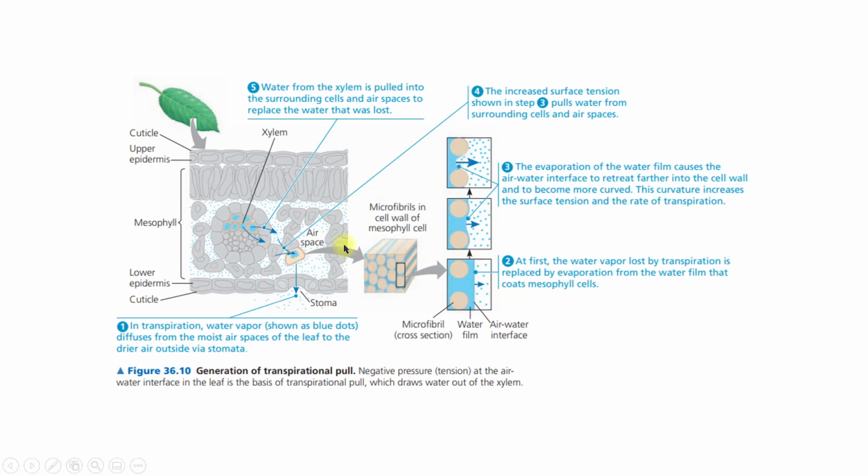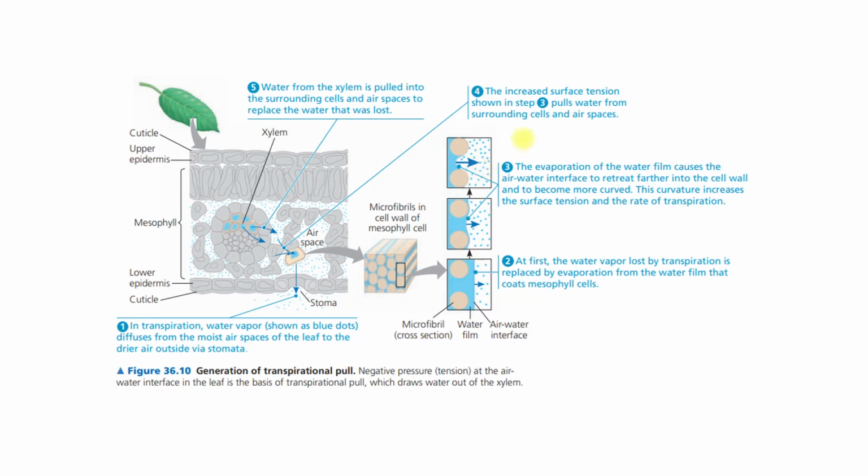Initially water was lost as water vapor from the air space, and then the loss of water in the space is replaced by the water from the water film, and more water from the water film is evaporated or becomes water vapor. So now more water is being lost as water vapor. This in turn increases the rate of transpiration, right?